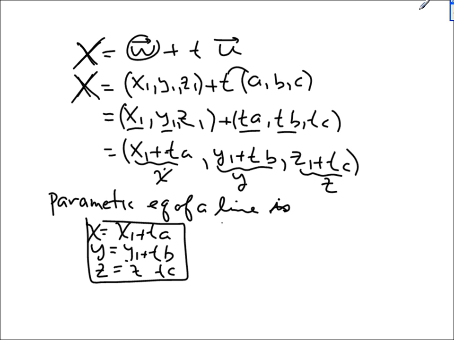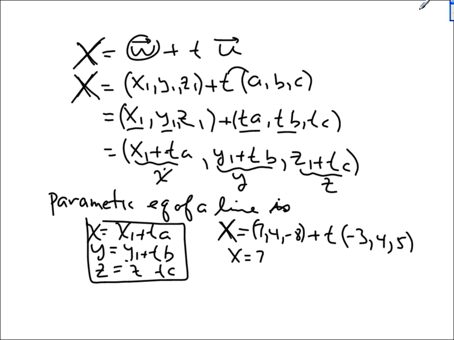A moment ago, we had that x was 7, 4, negative 8, plus t times negative 3, 4, 5. So you can write it down as follows. The order you write it is up to you.